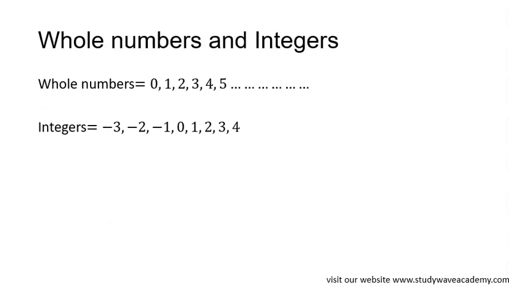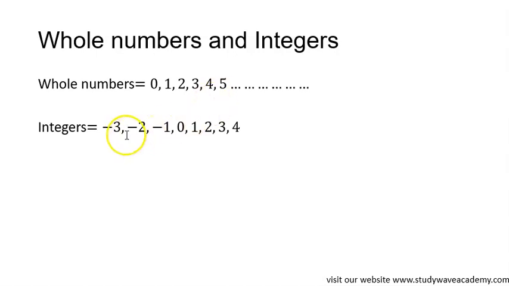Good. So now we're going to be looking at whole numbers and integers. What do we mean by whole numbers? Whole numbers are non-negative integers, okay? So these are whole numbers from 0, 1, 2, 3, 4, 5, 6, 7, 8, 9, 10, 11, 13, 20, 30. They are all whole numbers from 0 to million. They are whole numbers, okay?